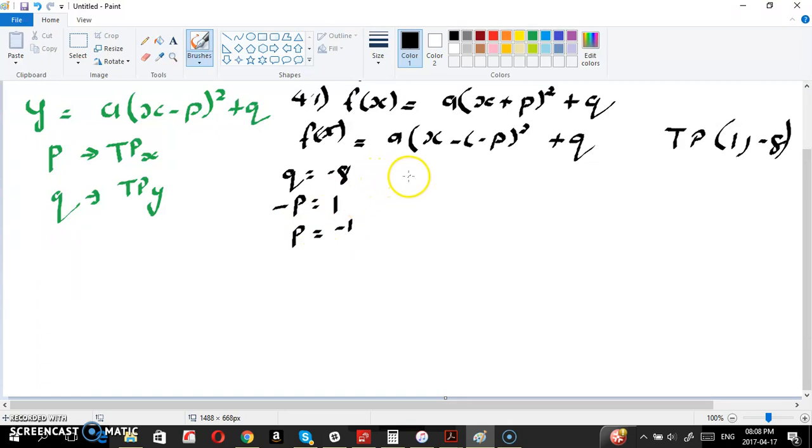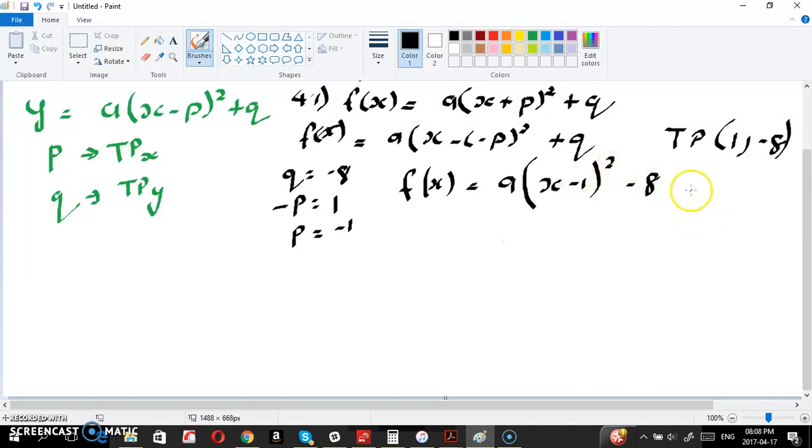Now if I write this into my equation, I can say f of x is equal to a into x minus 1 all squared minus 8. Now you'll notice that if I find the root of x, x will equal 1, and then my turning point for y will give me -8.